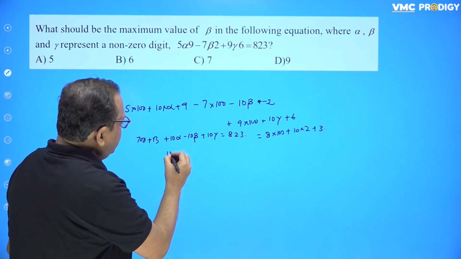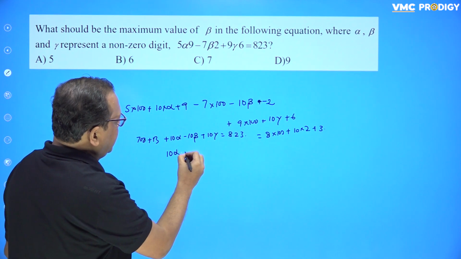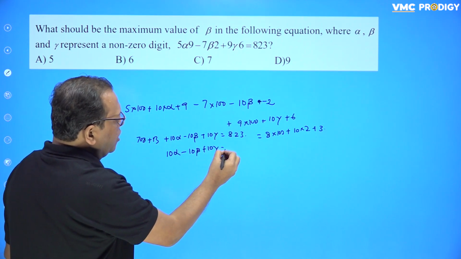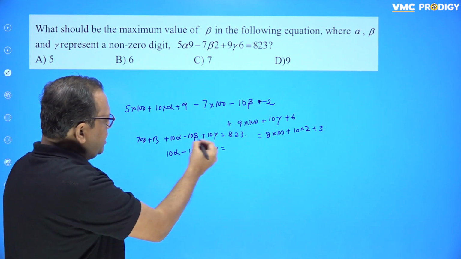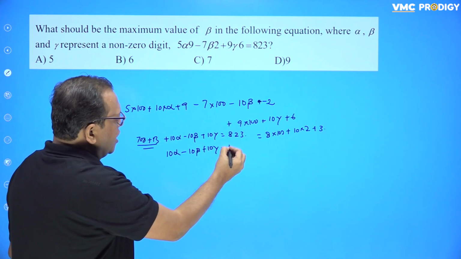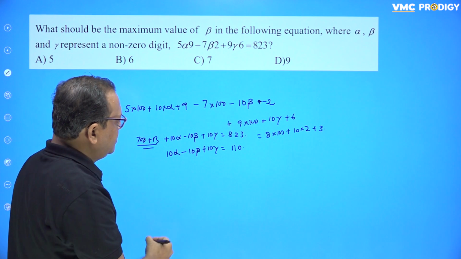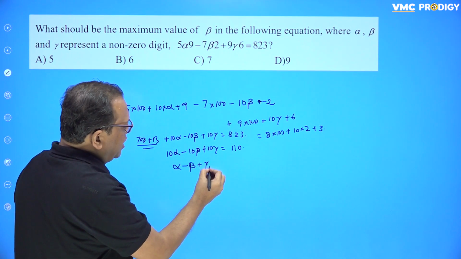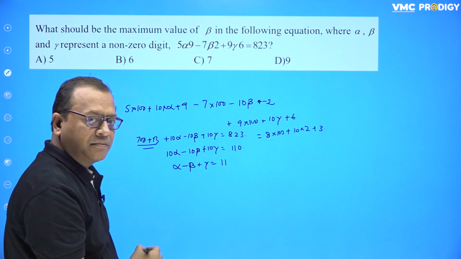Okay, now 10 alpha minus 10 beta plus 10 gamma will be equal to how much? 823 minus 713 is how much? 110. So alpha minus beta plus gamma is equal to 11.